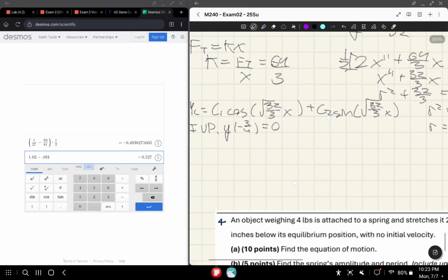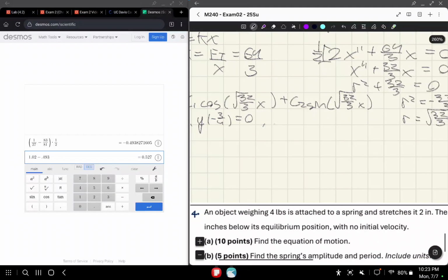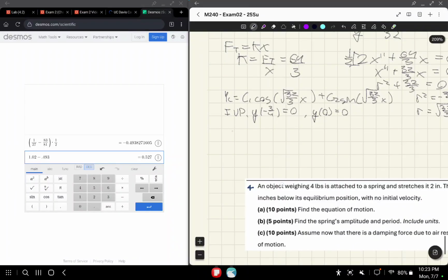This will be our initial. No, wait, it should be the other way. So y(0) equals negative 3/4.